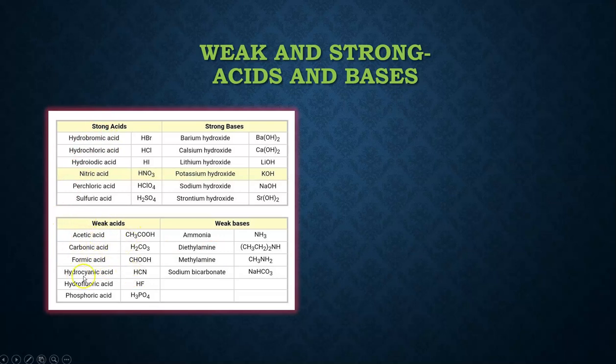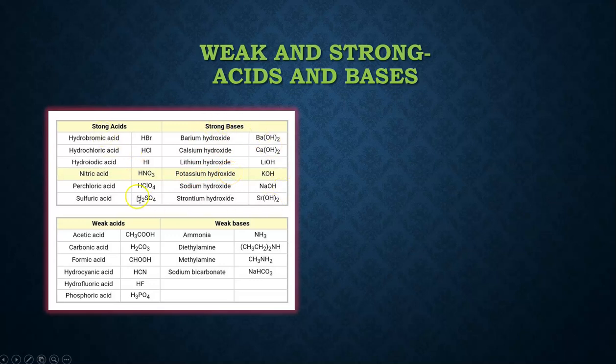Most of the time, the organic acids are weak acids. Some of the well-known strong acids are hydrochloric acid, sulfuric acid, and nitric acid. Some of the well-known strong bases are sodium hydroxide, barium hydroxide, and potassium hydroxide.